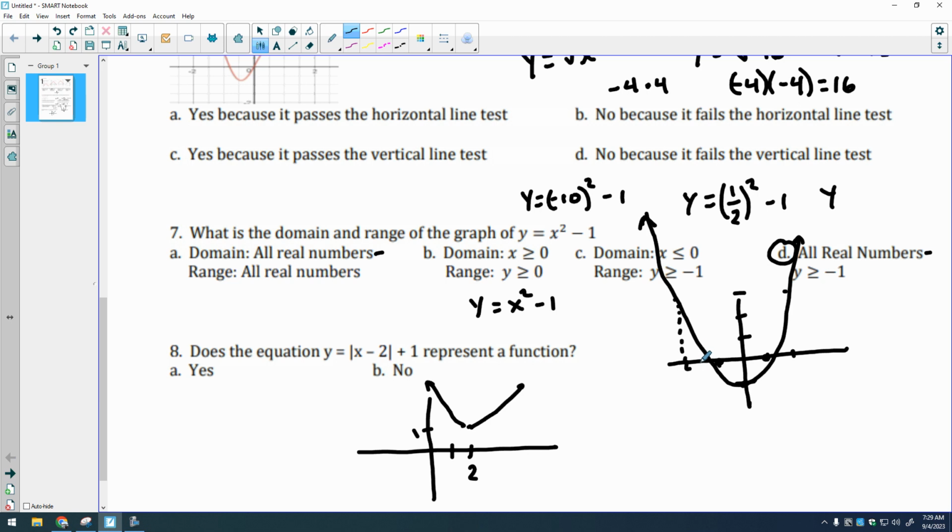When x is negative 1.5, there's just one y value, and so on. Same here. When x is 2, there's just one y value. When x is 3, there's just one y value, and so on. Definition of a function: for every x, there's just one y value that goes with it.